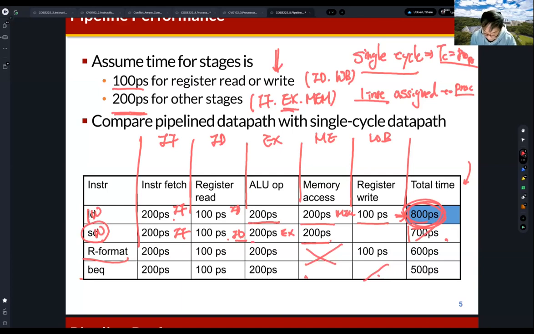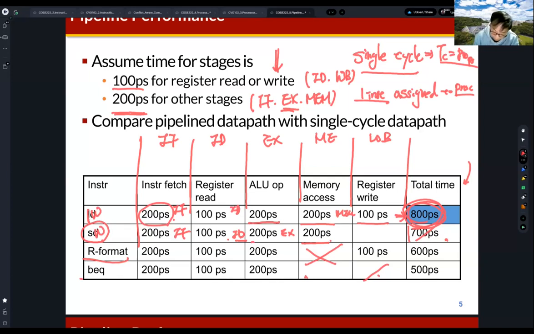The longest delay is 200 picoseconds, which means that at every cycle a new instruction can be assigned to the pipeline.